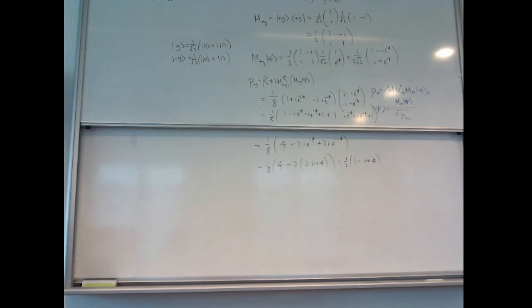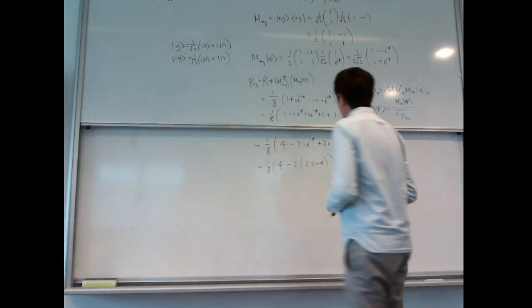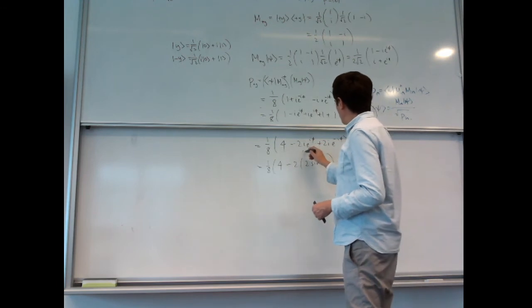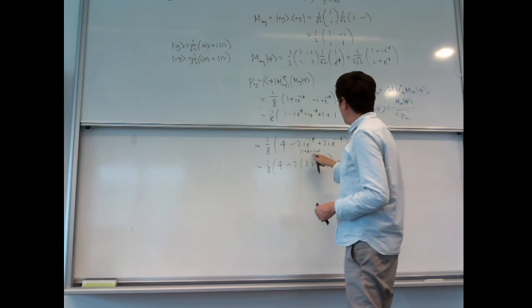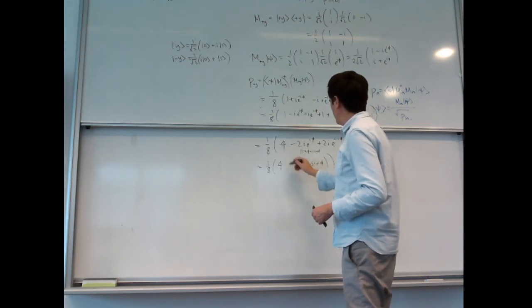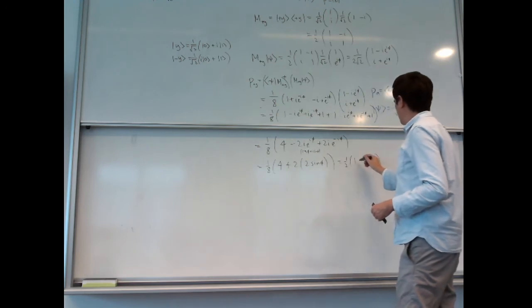Oh no. Yeah, this is cosine phi plus i sine phi over here, right? So minus i gives plus i, so yeah, sorry, this should be... yeah.